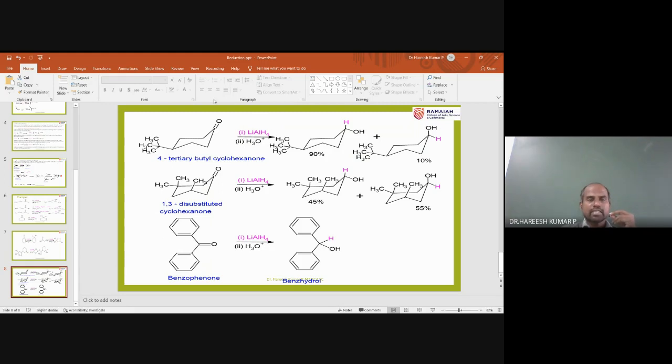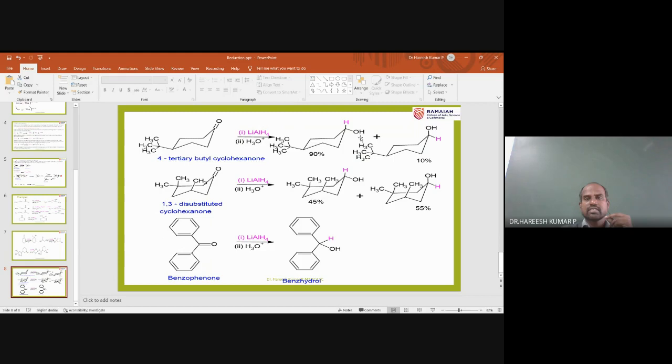If the hydride comes from here, then an equatorial hydroxy is formed. You know that bulky groups occupy an equatorial position. Such compounds are more stable because of less steric hindrance.